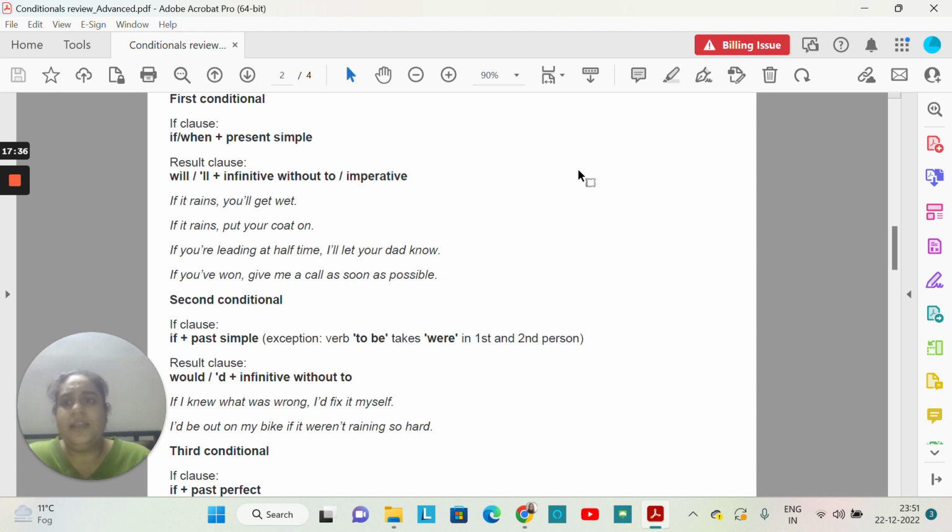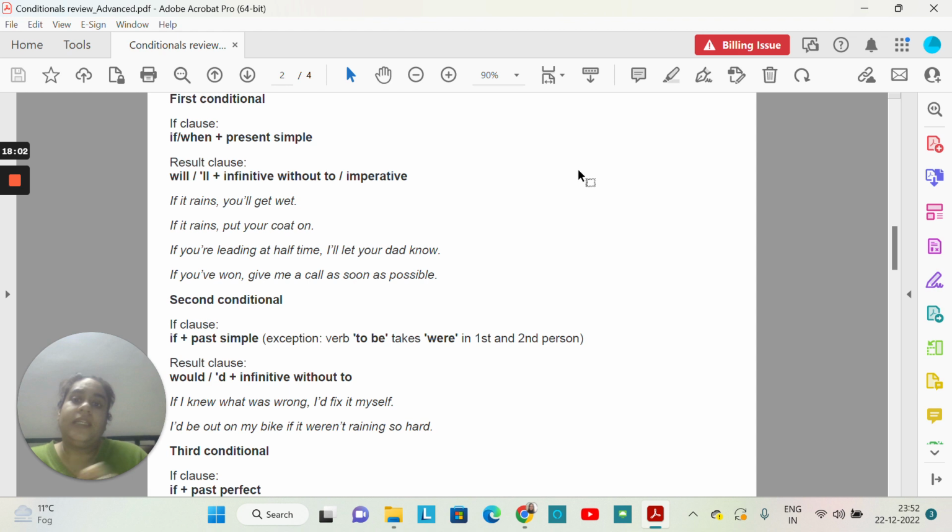So example, you can also in first conditionals, in the if clause, apart from simple present tense, you can also have present continuous tense and also a present perfect tense. You can have that. All right. So let's look at some examples here. If it rains, you will get wet. If it rains, put your coat on. Simple. Okay.